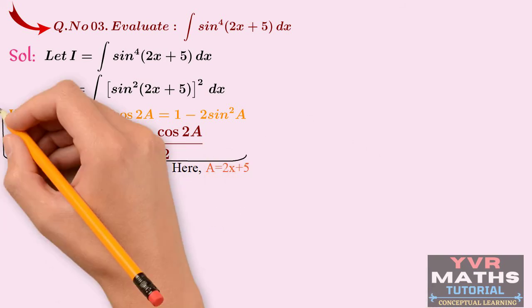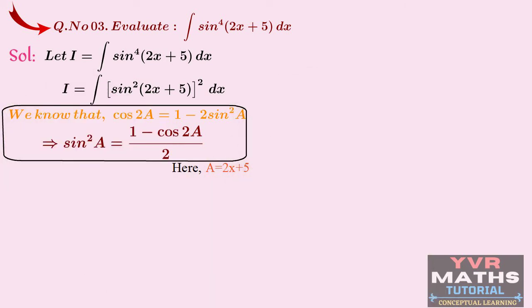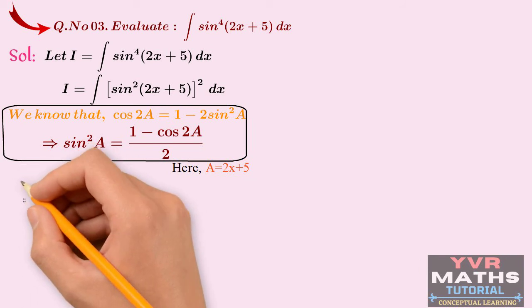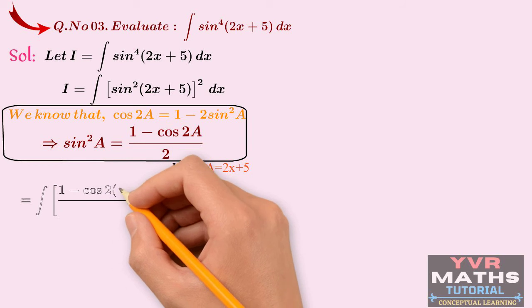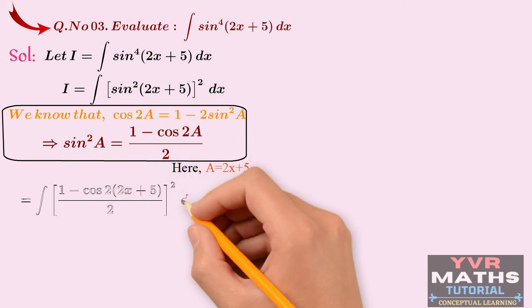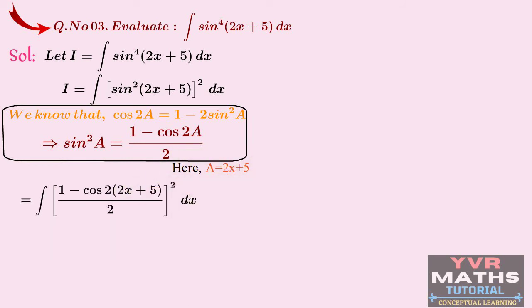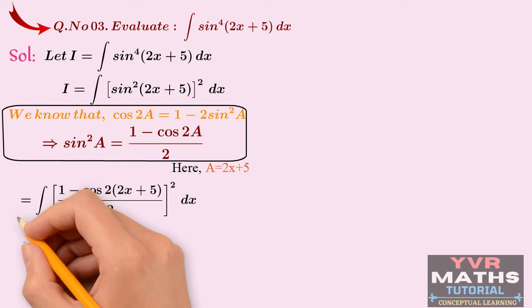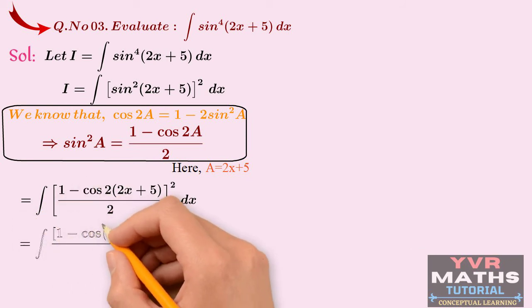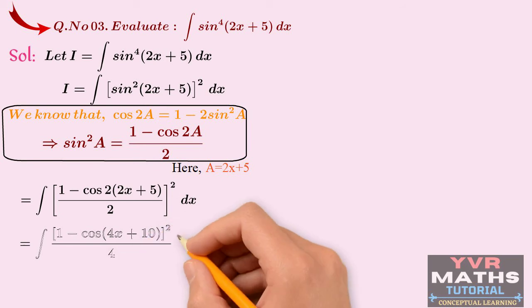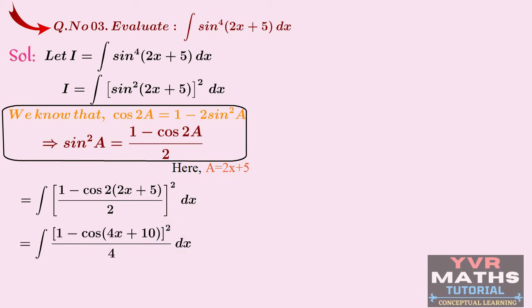So in this formula, if we substitute A is equal to 2x plus 5, then the next step is integral 1 minus cos 2 times of 2x plus 5 by 2 whole square dx. If we apply individual powers for the numerator and denominator, then in the next step we get integral 1 minus cos of 4x plus 10 whole square by 4 dx. Here the denominator part 4 is the constant.